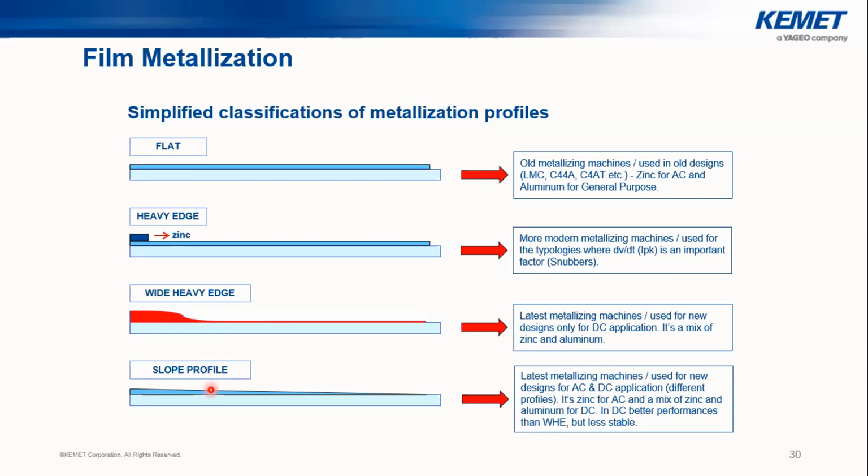The DC performance is better with this slope than with the wide heavy edge, but it can also be less stable. If you are using our products in the old design, please consider using the new design, because we are always looking to improve the technology and design to reduce failures and increase reliability as much as possible.